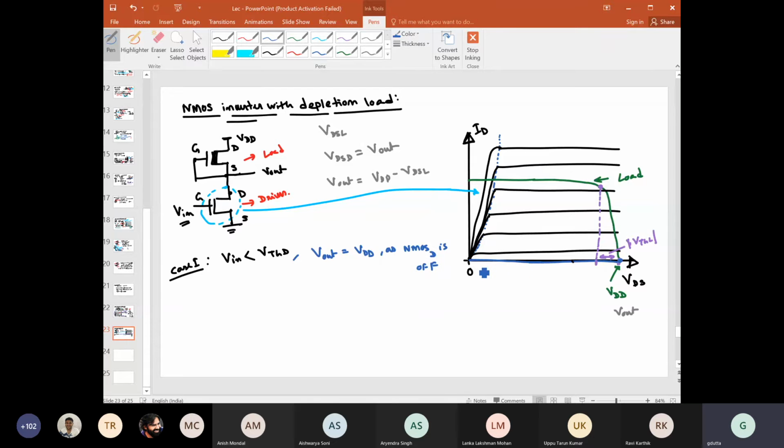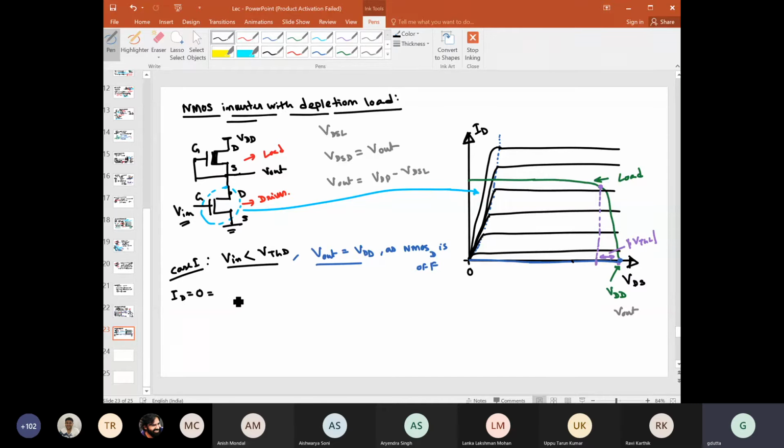So this is off, right? Graphically, obviously you can find VOUT, but if you want to do it analytically, that is also possible. Then you have to follow the conventional way that we always do. Here, the transistor current ID is 0, right? But at this moment, this load will be in the triode region.